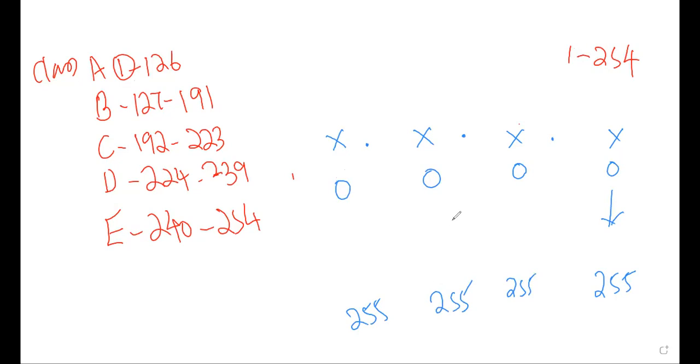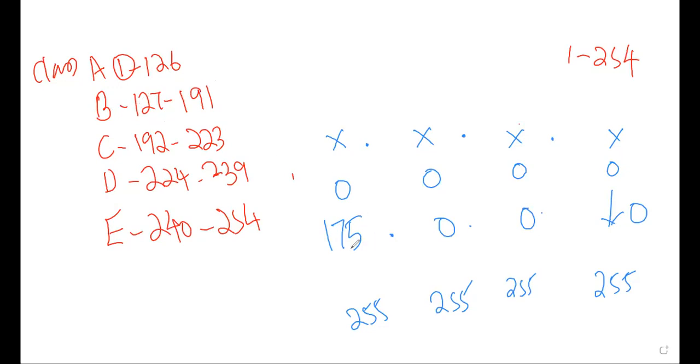Let's say I'm writing a number 75.0.0.0. So the 75 is in class A, because 1 to 126 is in class A. If I'm writing 175, what will happen? 175 is in between 127 and 191.